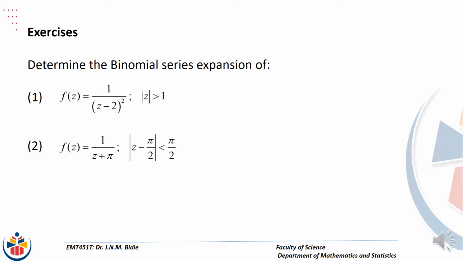Here are some exercises that you can attempt to do. Please recall that in the previous exercises that we've been doing, we had the power of z minus 3 to be 1. In this case, it's 2. So our n is negative 2, because remember, you're going to take this up.